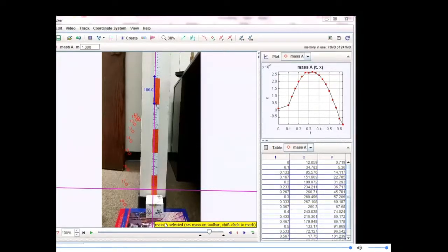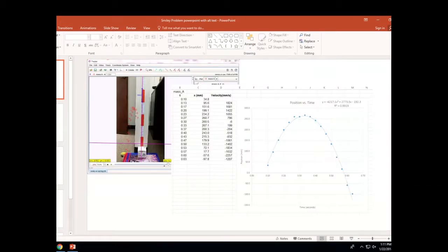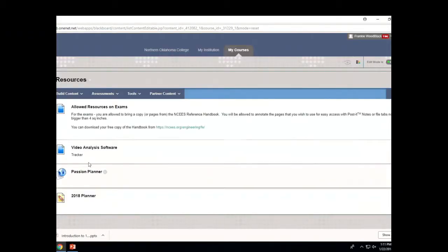So now I'm going to show you what I'm kind of after. I've got a set of PowerPoints here that I've gone through, and I've used that tracking software. Under resources is the free video analysis software that I have identified. There's one called Tracker. It is free, but there are multiple out there.